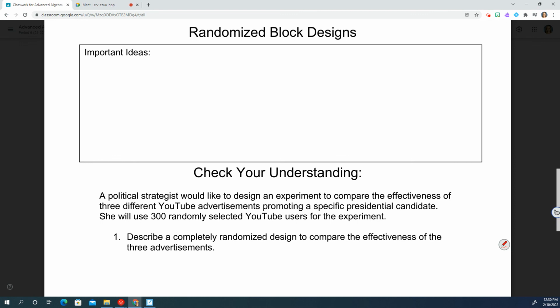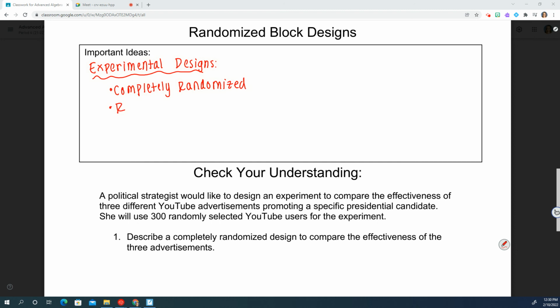Our 3 experimental designs are completely randomized design, randomized block design, and matched pairs design.